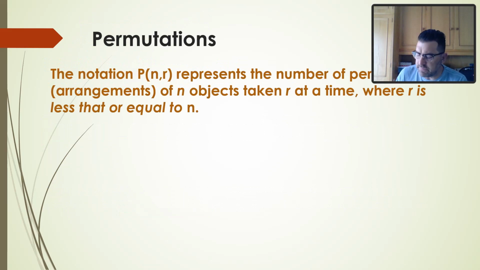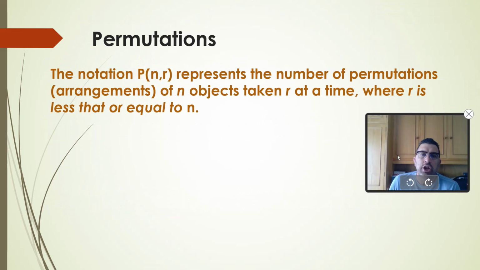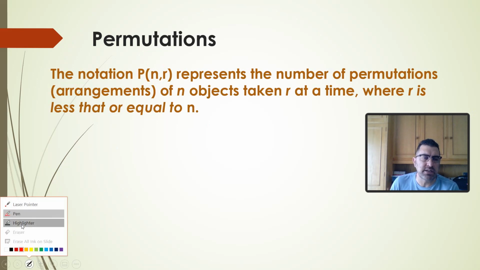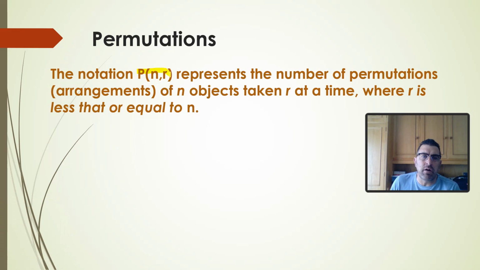Now let's look at a few permutations. Noting P, N, R, this is the way we write it. They write it in very different ways. So let me highlight things. PNR represents the number of permutations, in other words, the number of arrangements. Think of PA, a personal assistant.